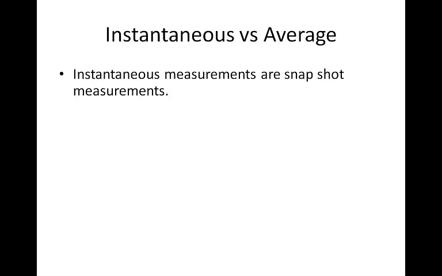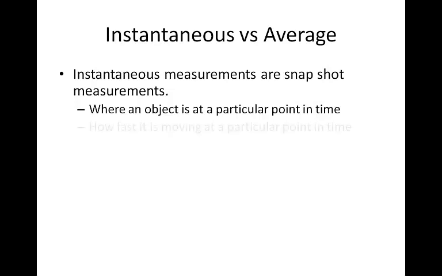If you had your speedometer and some kind of a compass, you could get instantaneous velocity. So it's where an object is at a particular point in time, its position at a given point in time, how fast it's moving, its speed or its velocity at a particular point in time, its acceleration at a particular point in time.